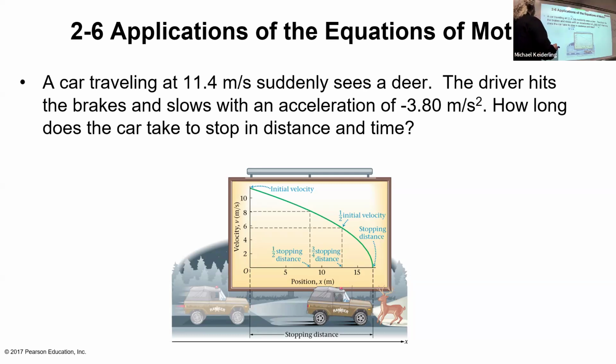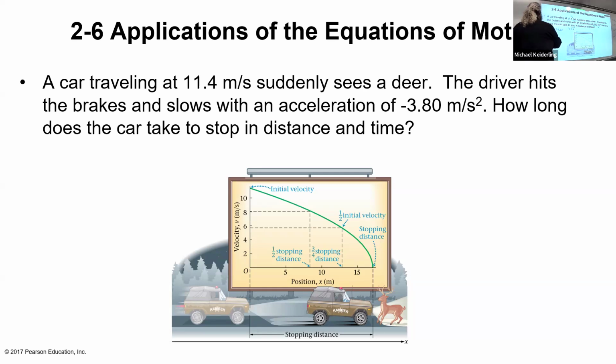So we know initial velocity, final velocity, acceleration, and we're looking for delta x. Well, this equation has initial velocity, final velocity, acceleration, and delta x in it. So we can use that equation. And so velocity squared is initial velocity squared plus 2 times acceleration times delta x.